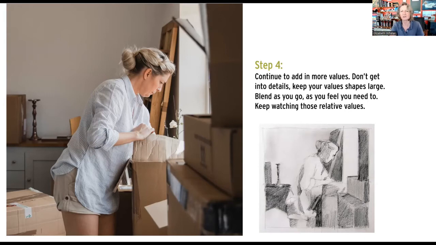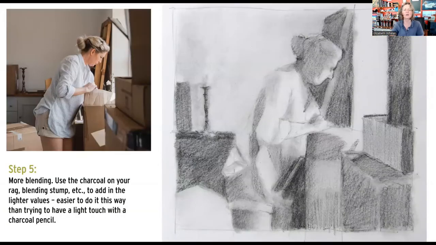So let me move on to the next stage. Now I blend again. You can see immediately how that softens up all those darks, but it adds a sense of unity. And now I'm really starting to get a feeling of some forms going. It's easier, like I said, to continue to add more color, I call it color, with the charcoal that's on your blending stump or on your rag or whatever, at this point.